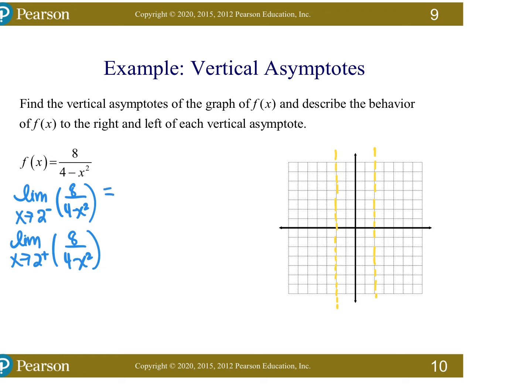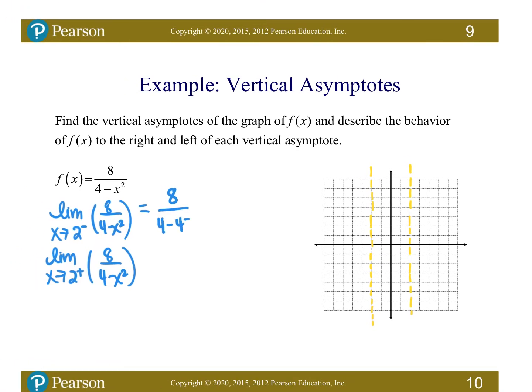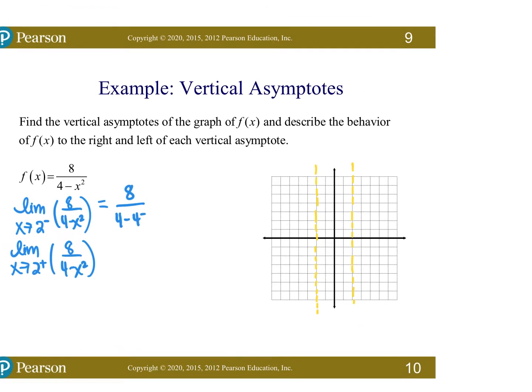All right, so I'm going to drop my 8 as the numerator, 4 minus, and then I'm going to put 2 minus into x squared, which is going to give me 4 minus. So 8 over, okay, what do I end up with?